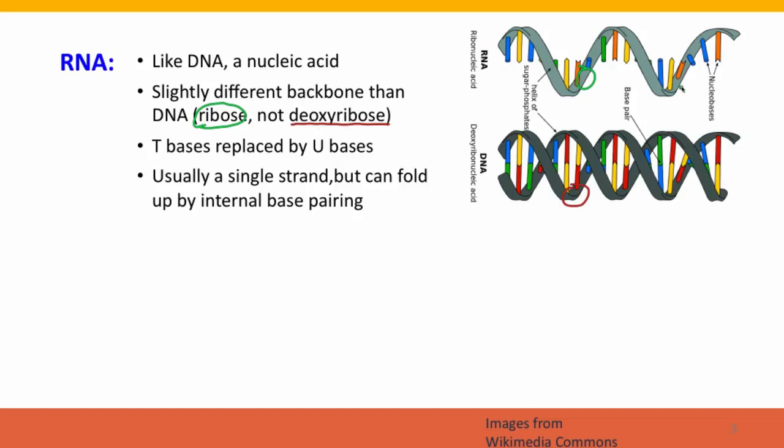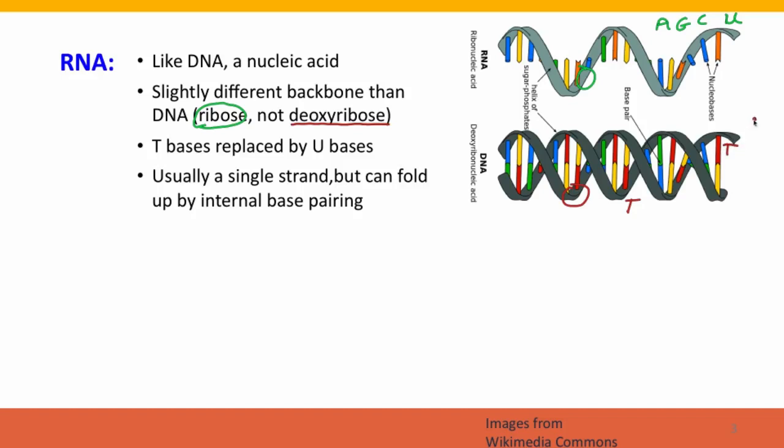One other difference between DNA and RNA is RNA uses one different base. It still uses A and G and C, but instead of T, it uses the base uracil, a U. So at positions in DNA that would be a T, the corresponding position in RNA, let's do this one.